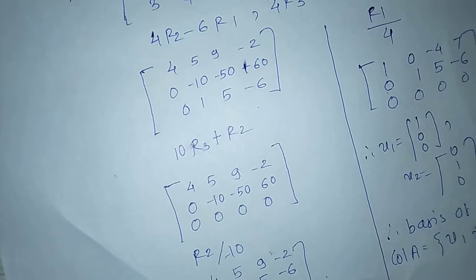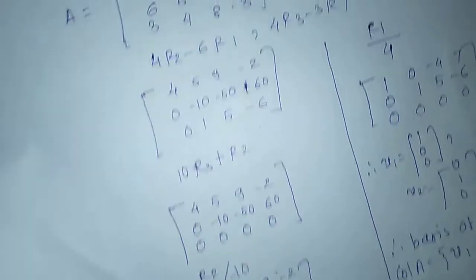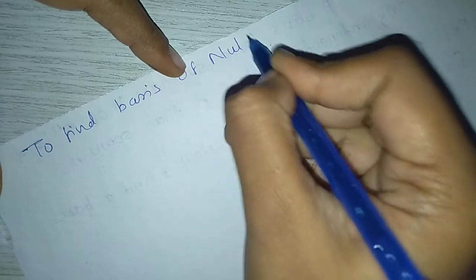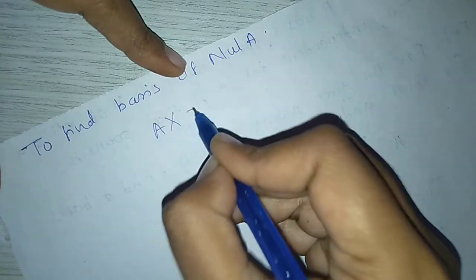Now, to find the basis for null space of A, that is A x equal to 0.